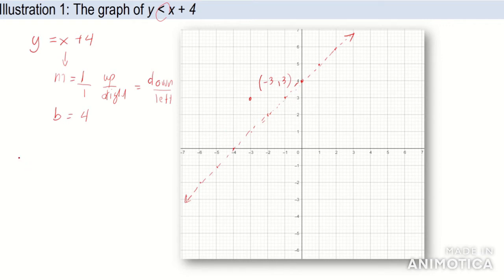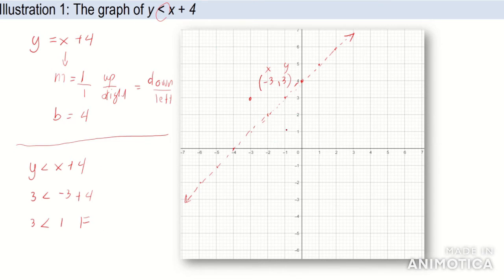Going back to the inequality y is less than x plus 4, our y is 3 and our x is -3. So -3 plus 4 is 1, and 3 is less than 1 is false. This half plane is not the solution to the inequality.